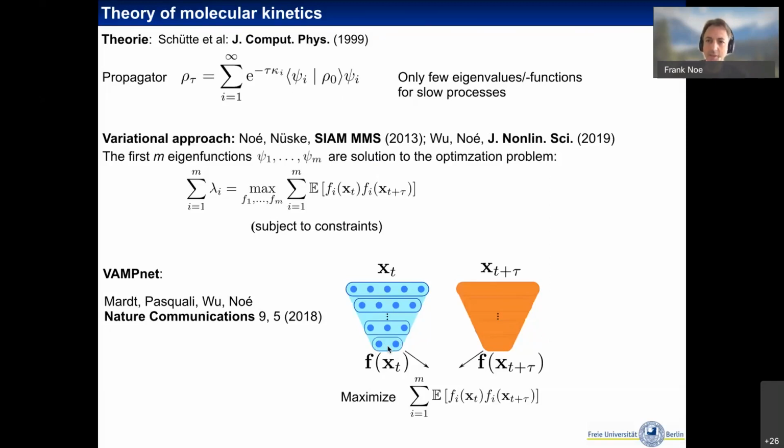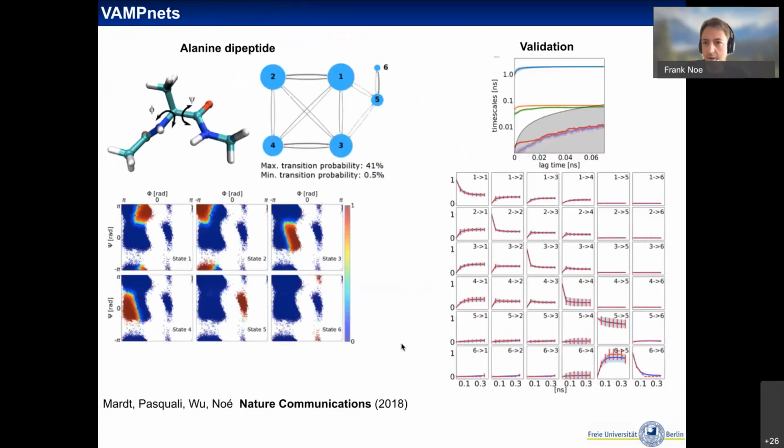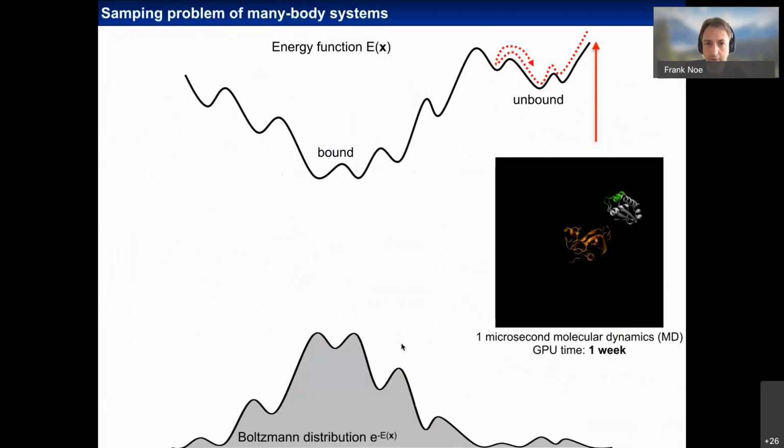So that means you get a transition matrix that is variationally optimal and a state space partition, because here this neural network is now a classifier that assigns each state in state space to a Markov state by training a deep neural network. Okay, and this can give very high quality and high accuracy neural networks. And you'll hear more about that later.